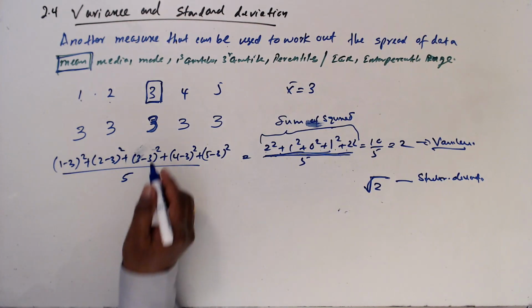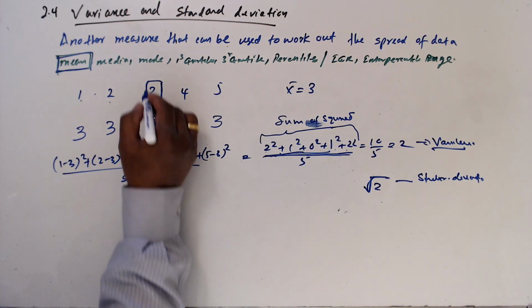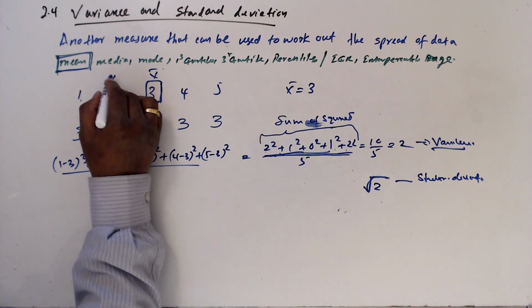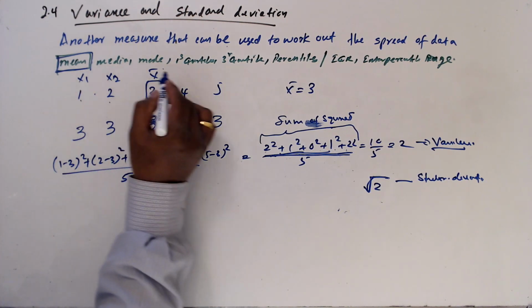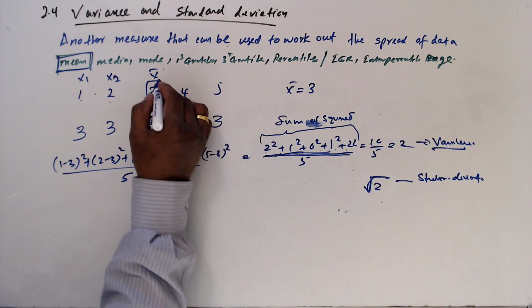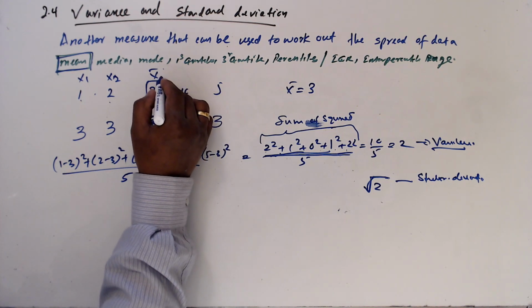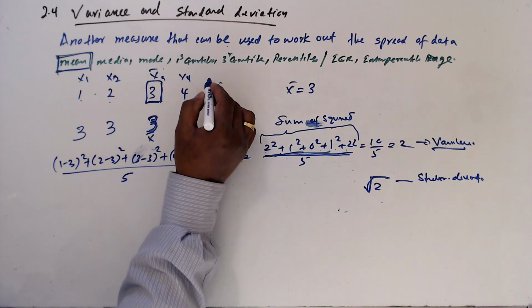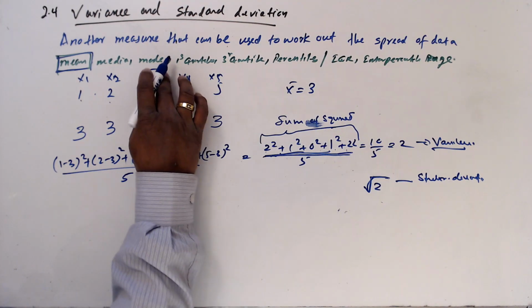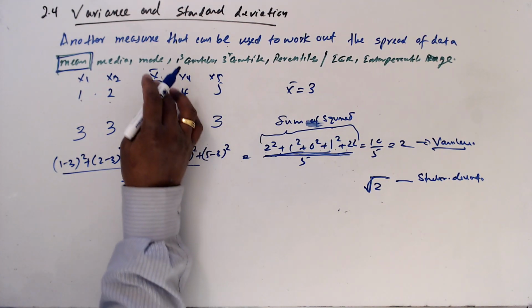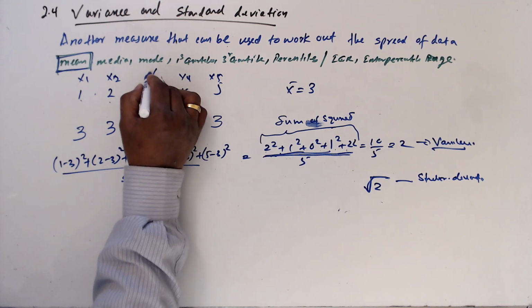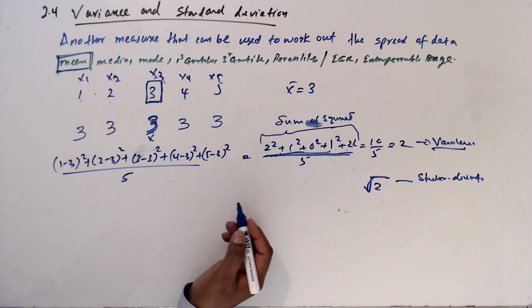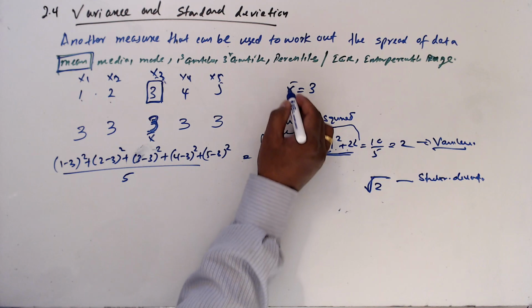Now, this is x bar, this is x1, x2, and x3, and this is x4, and this is x5. Okay, I will take x1, x2, x3, x4, x5, and x bar is 3 now.